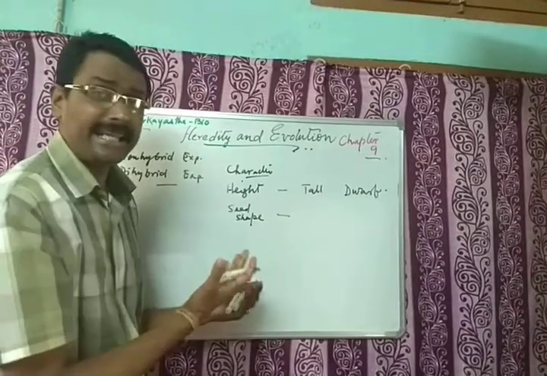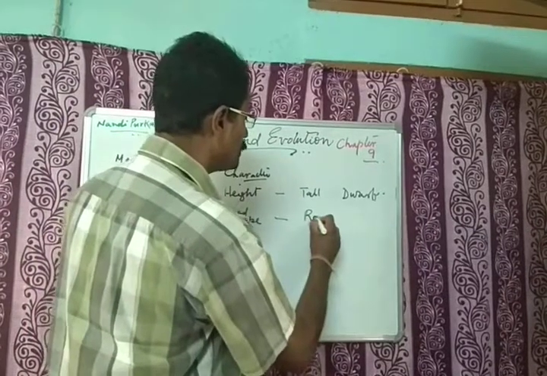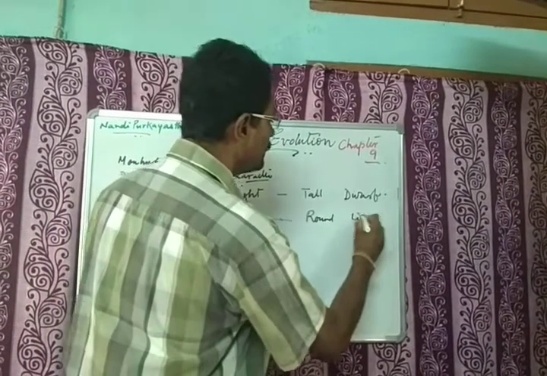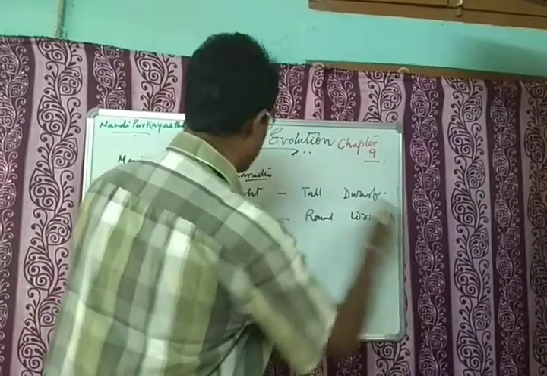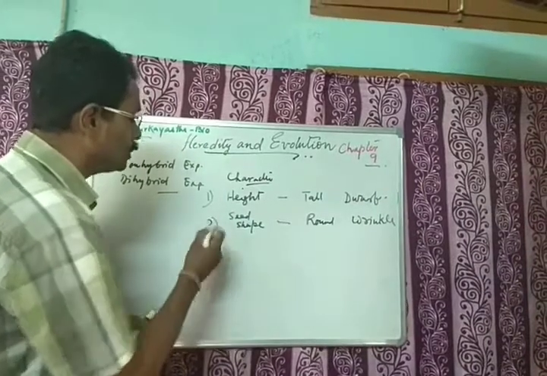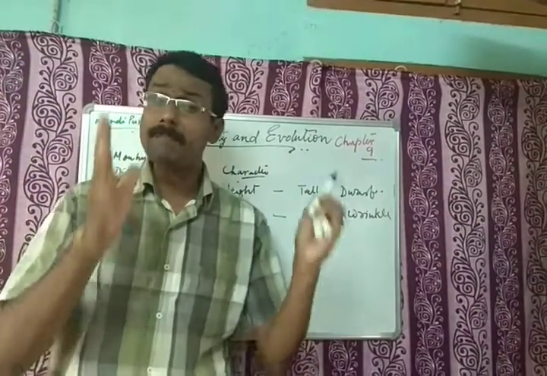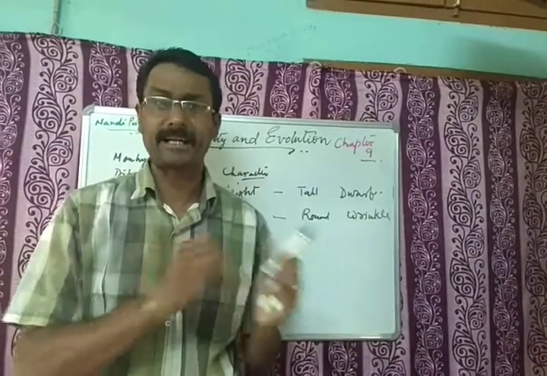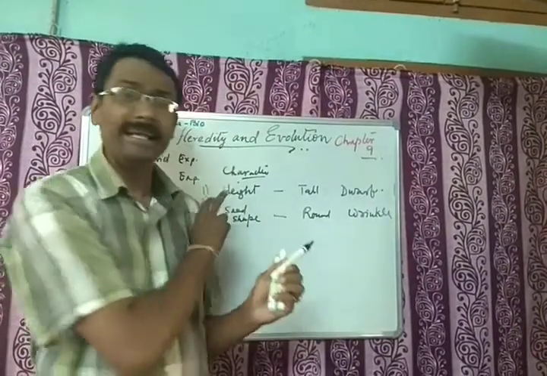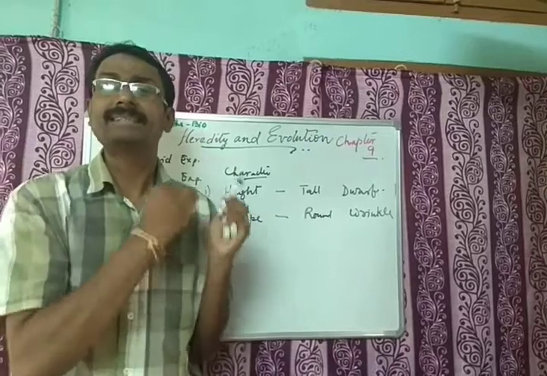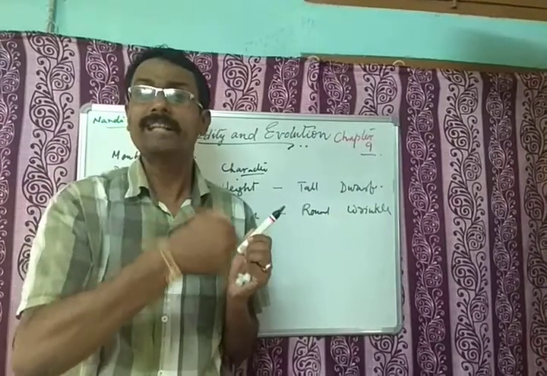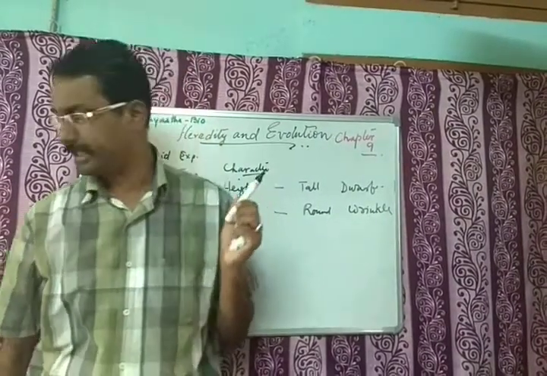The seed was round and what? Wrinkled. Like that, this is 1, this is 2. Like that, how many characters did he take? He took 7 pairs of contrasting characters for making his experiment successful, or for knowing how the traits are transmitted.